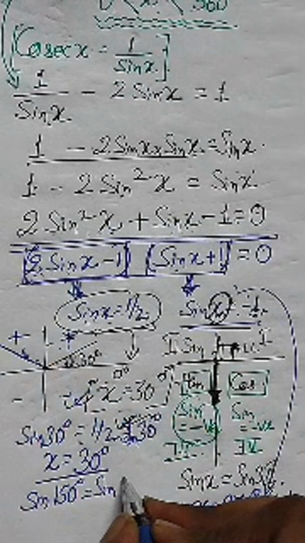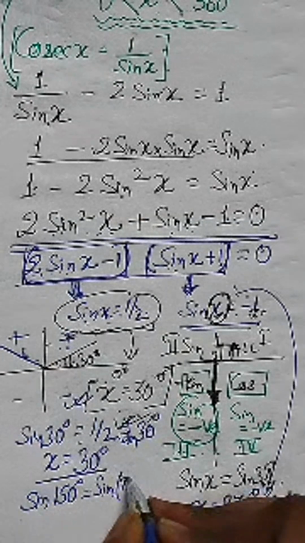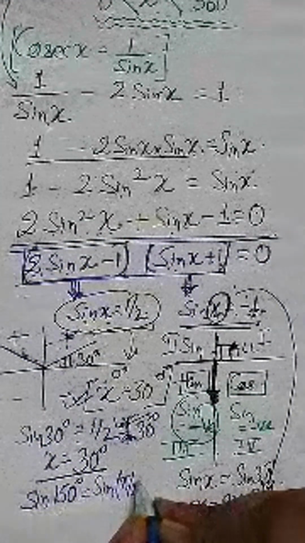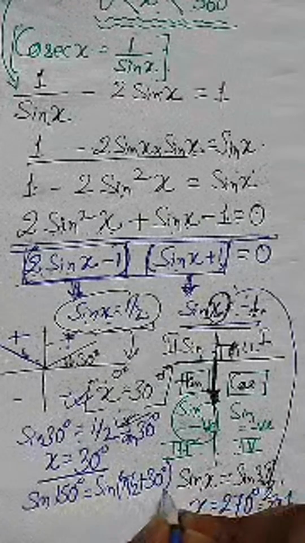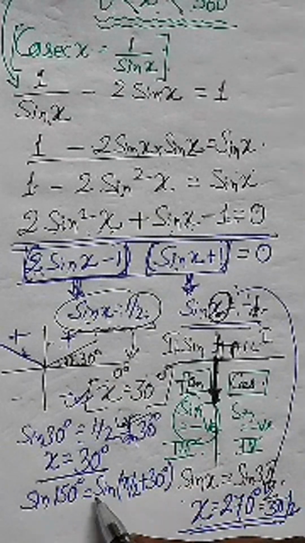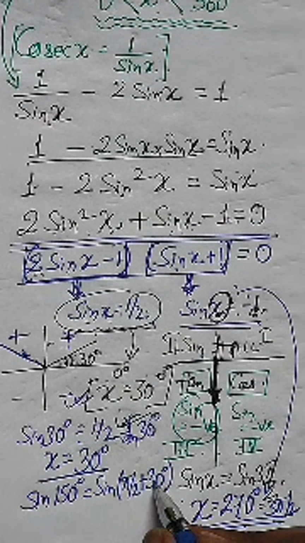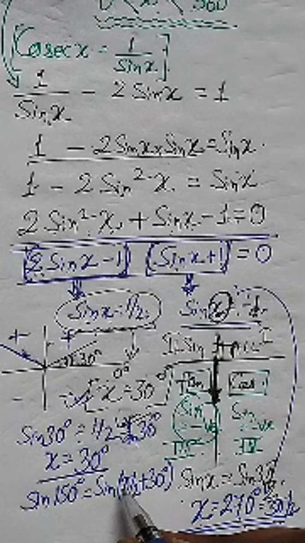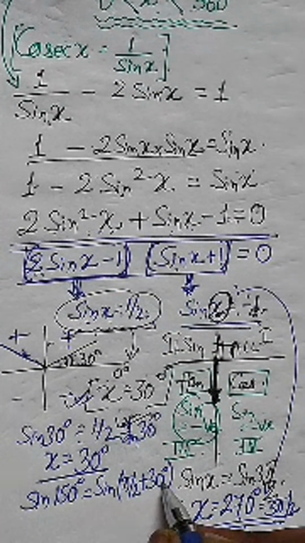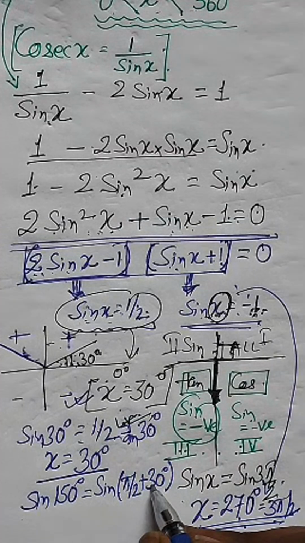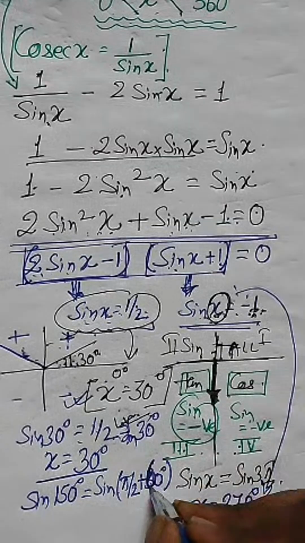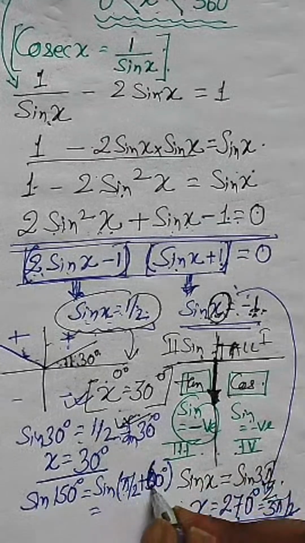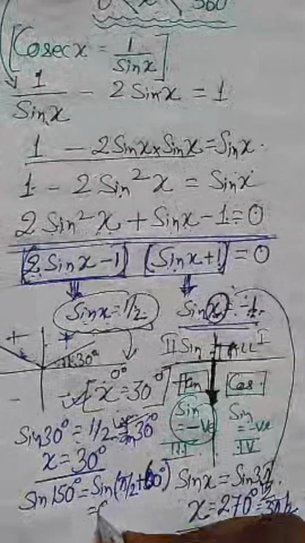So in the second quadrant, you can write sine of pi by 2 plus 30, right? Sine 90 plus 30 will be 120. So 90 plus 60 here, because this will give you sine 90 plus 60 as cos 60.